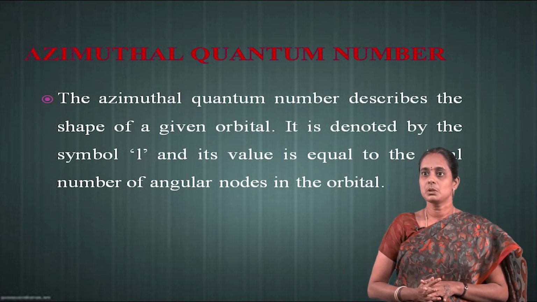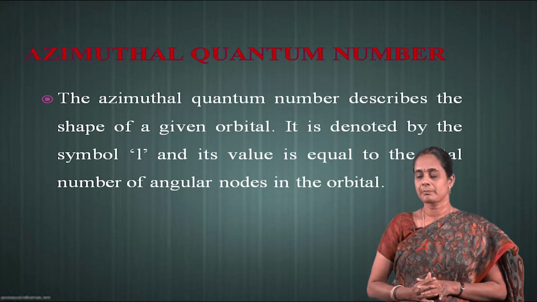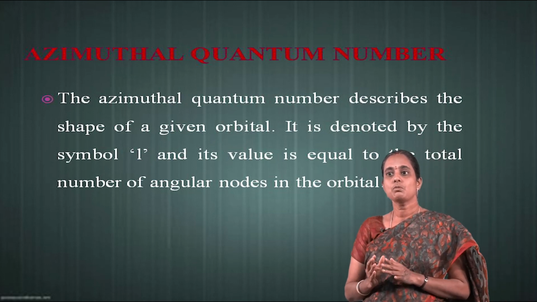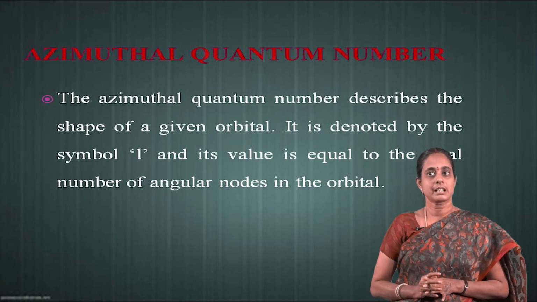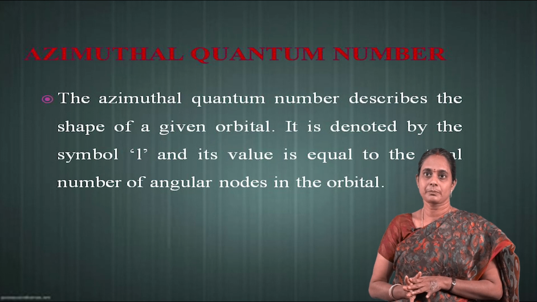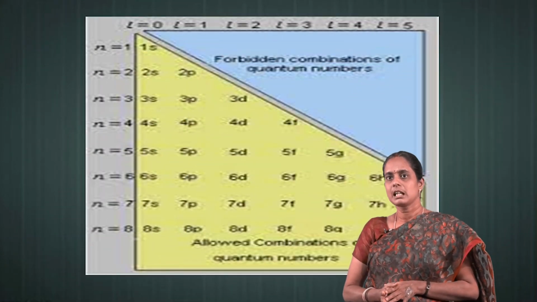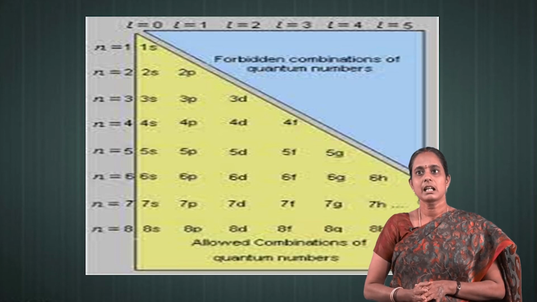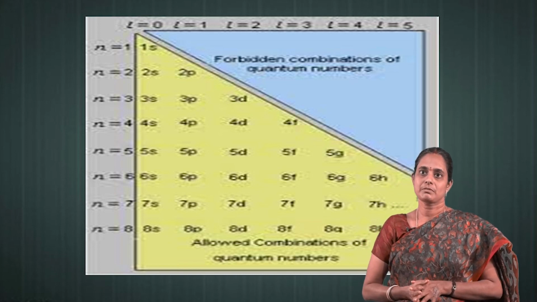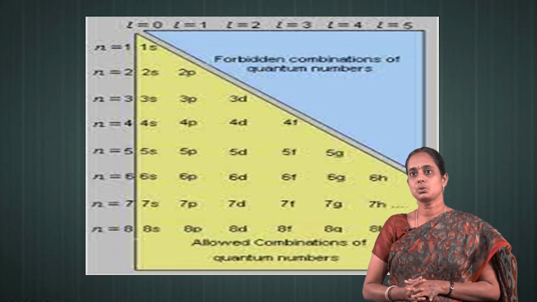This value depends on the value of principal quantum number. That is, the value of azimuthal quantum number ranges from 0 to n minus 1. For example, if n is equal to 3, the azimuthal quantum number can take the values 0, 1 and 2.